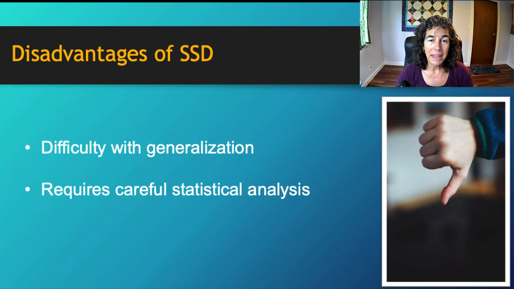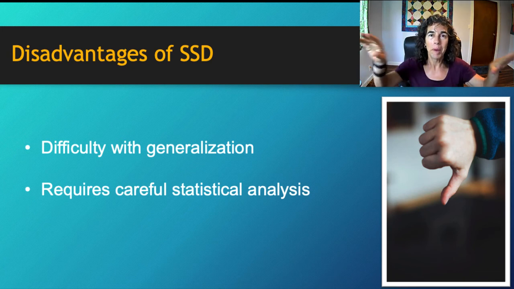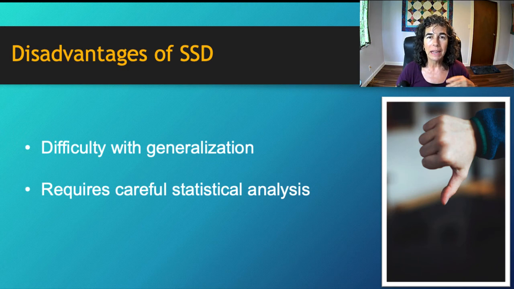All right. And then, of course, there's disadvantages of single subject design. Two prime disadvantages. One is that we cannot generalize. So if I have an N or a sample size of 1, I can't generalize to the whole population of people, right? All I can do is say, I did this thing with this one person and this is what happened.